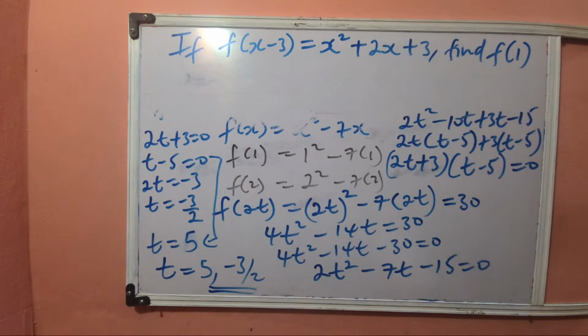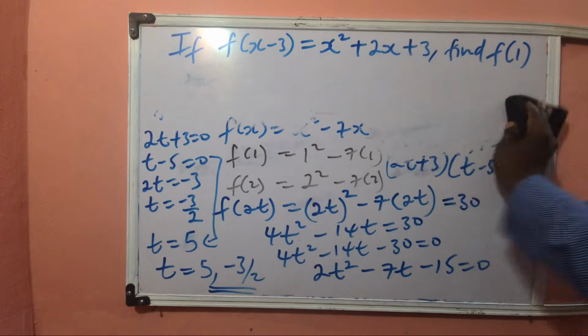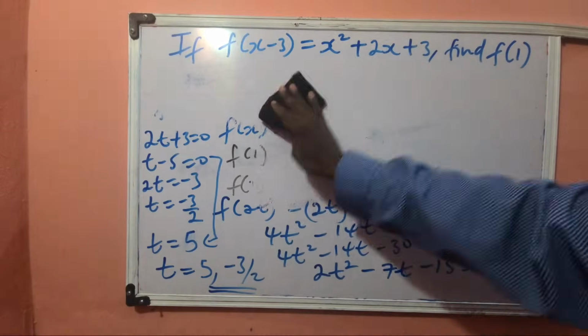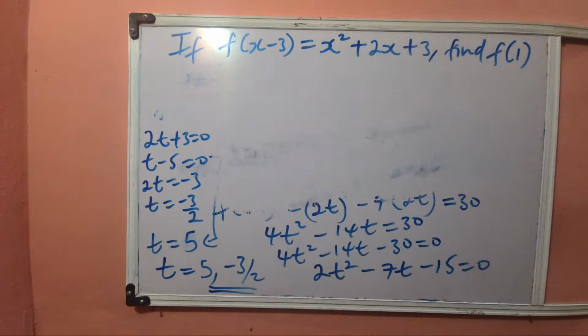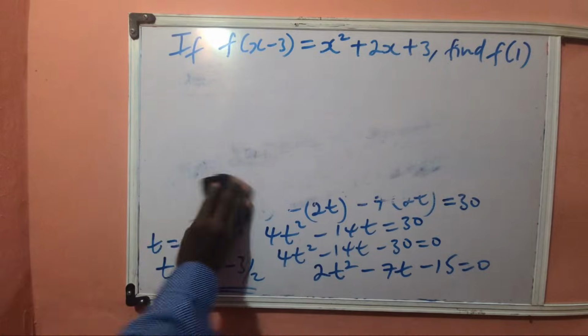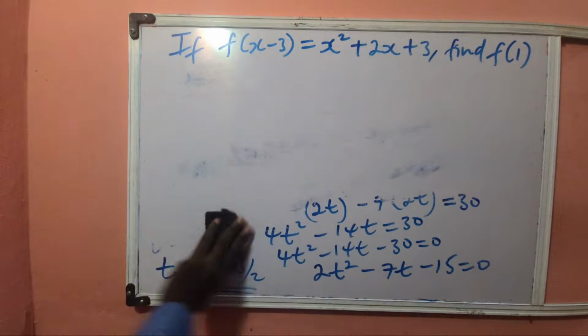All right, so this is another question where I'm sure you can see the variation in the way it was set. In many cases you would have f of x as the function.